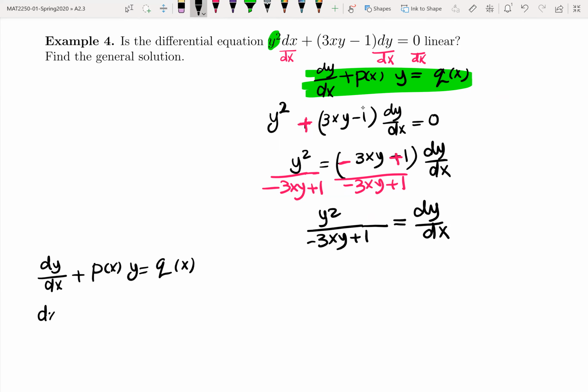Can I write this one as dx dy, and this one as p of y? In this case, mu is e to the integration of p of x dx. In this case, mu is the integration of p of y dy. What do you think?